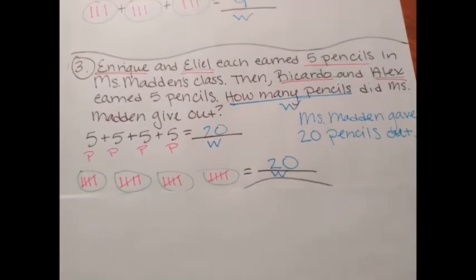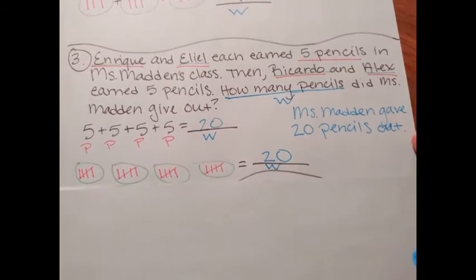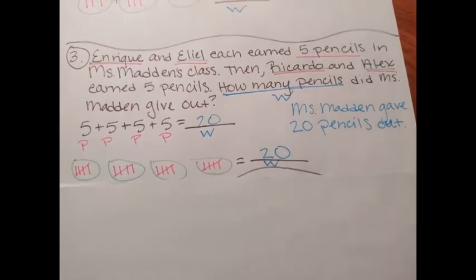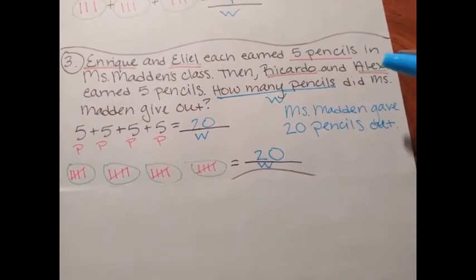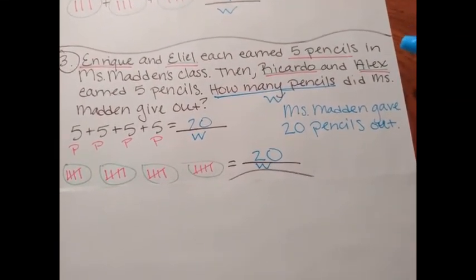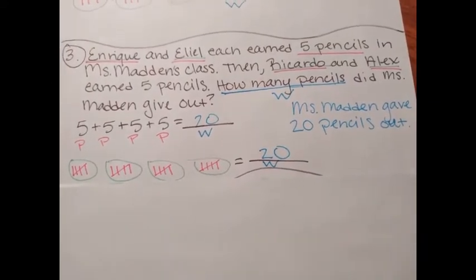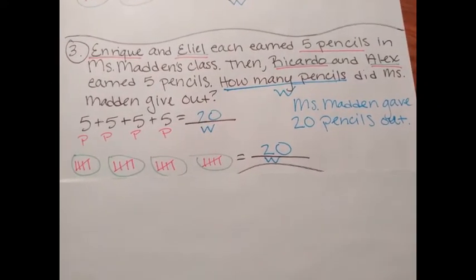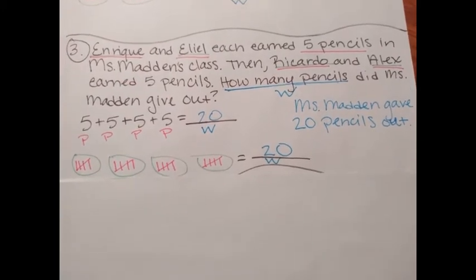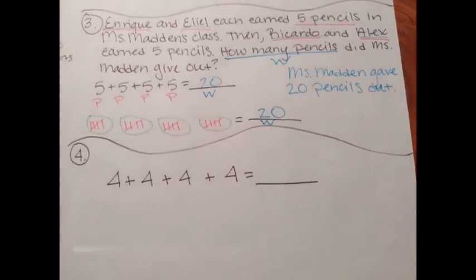And if you did not get the correct answer, that is okay, because I know that my champions are going to take the time to figure out where they went wrong and to correct any mistake that they may have made. And I know it'll be excellent. Now, let's move over to number 4.